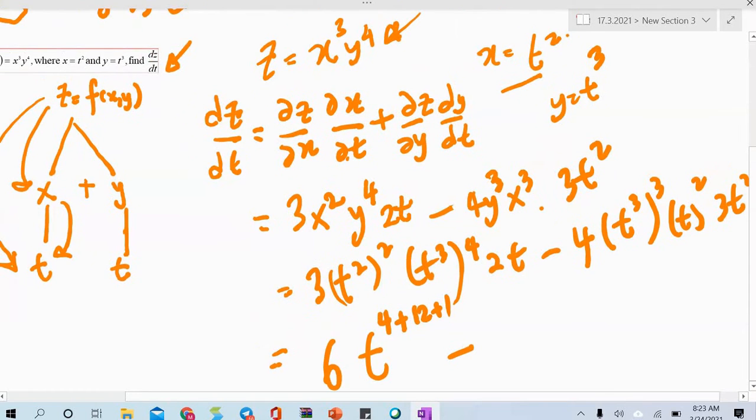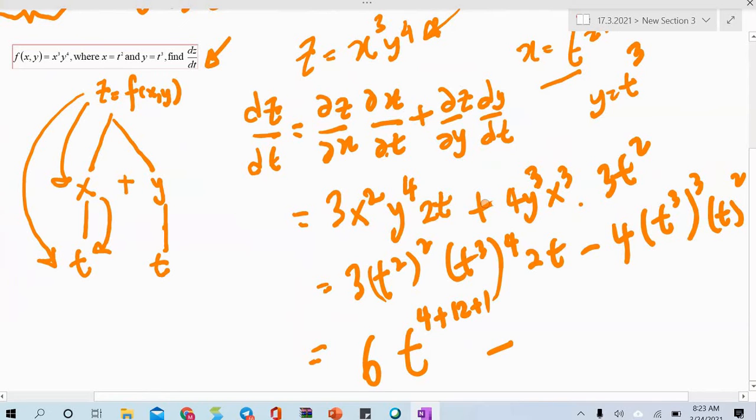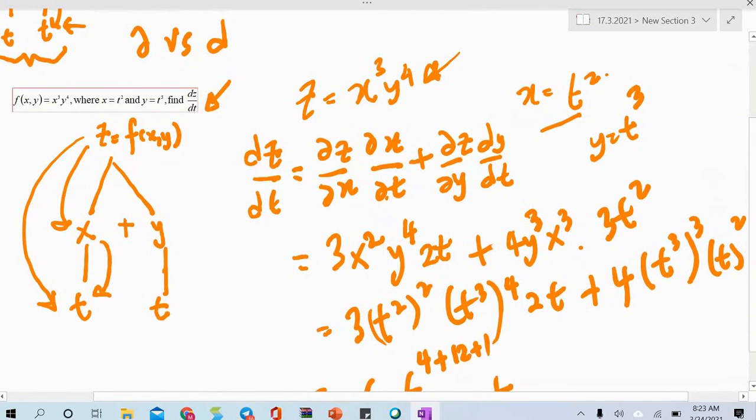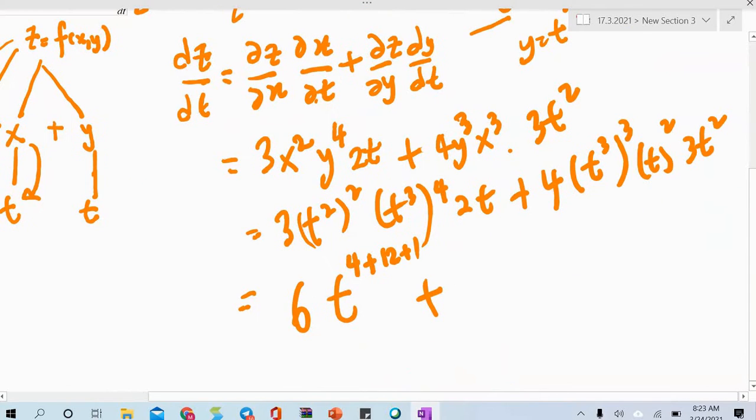Y minus. That's right. 4 times 3 is 12. 3 to the power of 9 plus 2 plus 2. This is 16, 17. Okay, something is wrong?